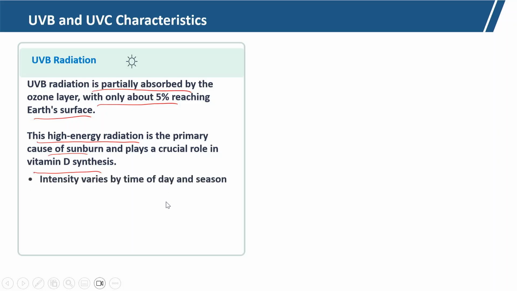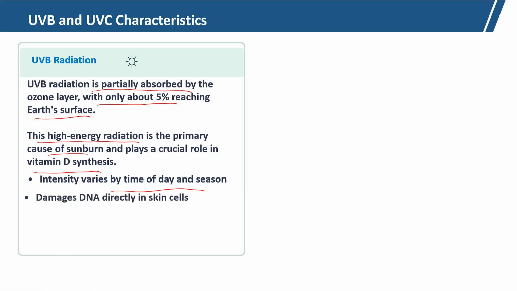Its intensity varies by time of the day and season, but in case of UVA it remains the same throughout the day and even with the change in season.